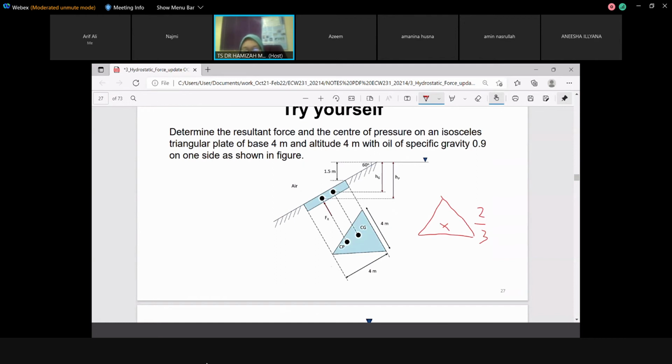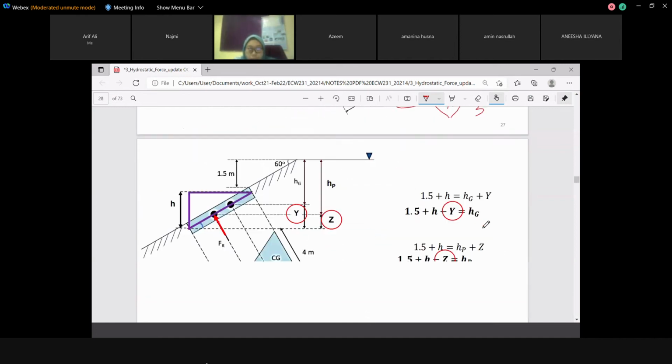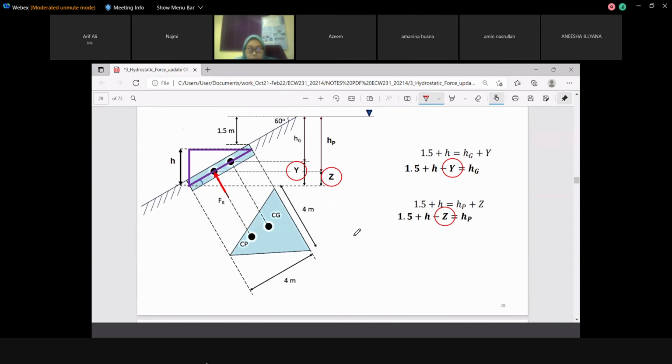Kalau segitiga dia macam ni ialah 1/3. Okay, so kita ada center of gravity, center of pressure. Okay, so this one ialah 2/3.